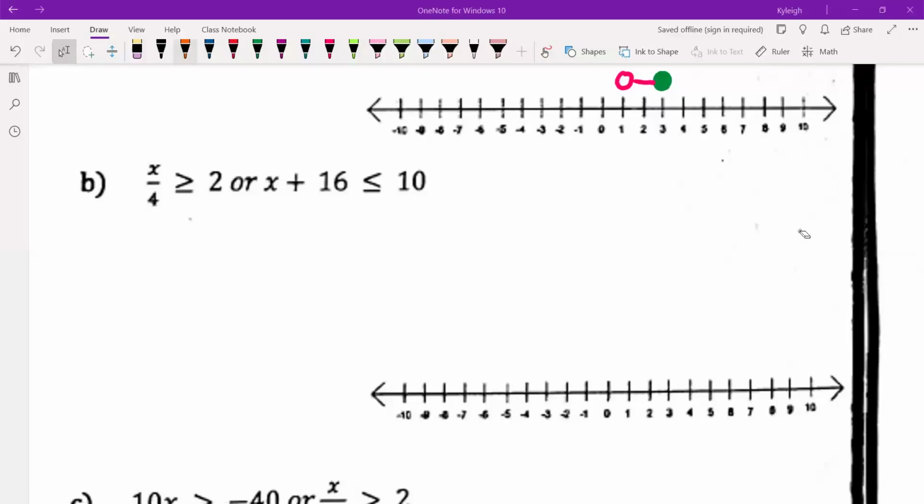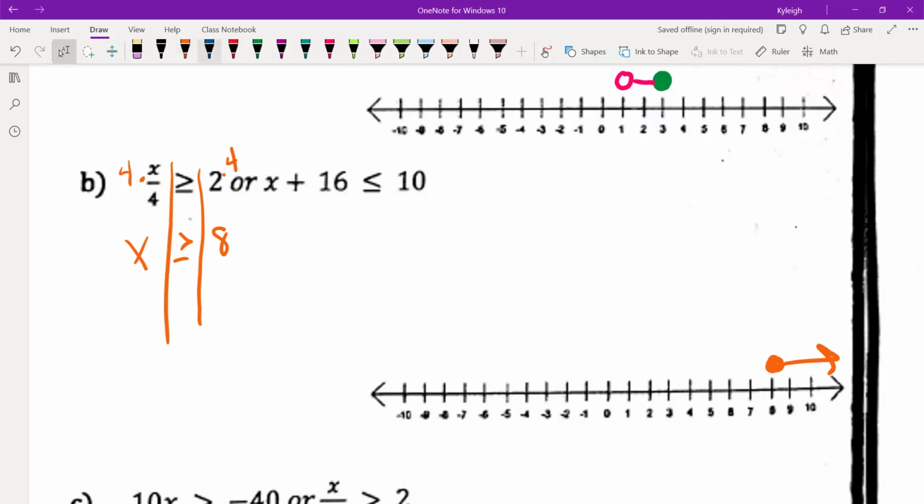All right, so let's start solving this next one. We have to do the opposite of division, so we multiply both sides by 4. And we get x greater than or equal to 8. So we get a closed circle at 8, going this way.